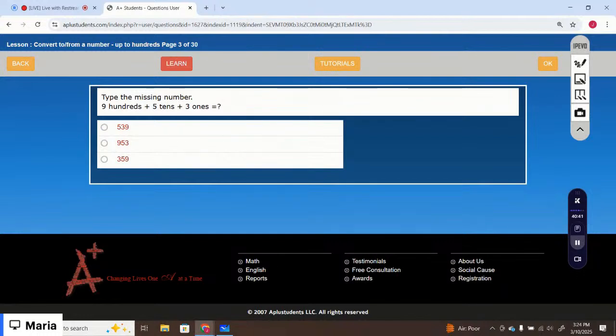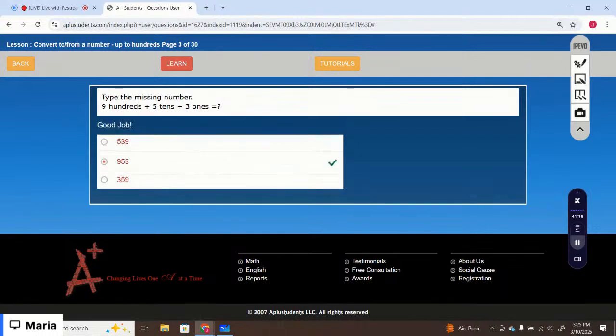Type the missing number 900 plus 5 tens and 3 ones, which is the correct option. Nine hundred, 5 tens and 3 ones makes 953. Option number 2 is the correct option.